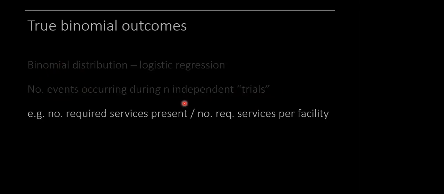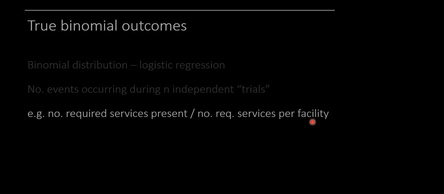So an example might be, say you've measured the number of required services present out of the number of required services per facility. Maybe you've got a checklist, and there are 10 required services for diabetes, and at each facility you measure how many of those items are present.